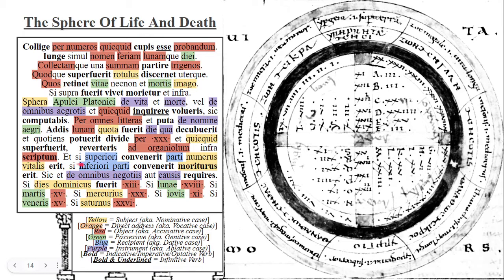Et si superiori convenerit parti numerus vitalis erit, and if the number shall fit in the upper part, the superiori parti, which is this bit here, vitalis erit, it shall be a vital number, a number which signifies life.